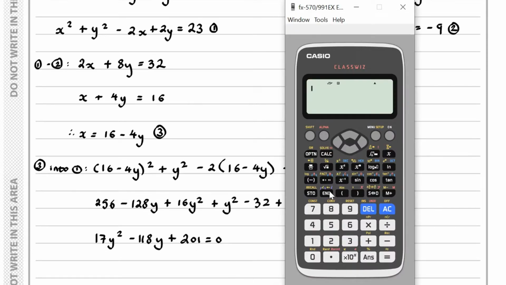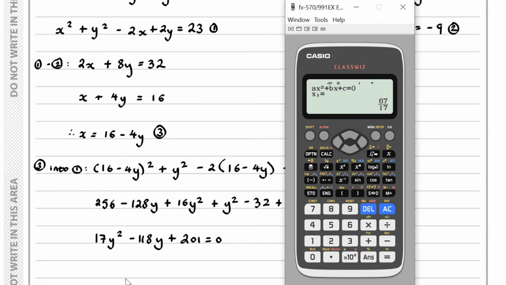And if we go to our calculator, we can solve this equation. So if we solve this polynomial of degree 2, we've got 17, minus 118 and 201 for the coefficients of y respectively.